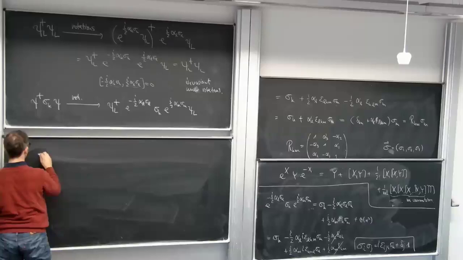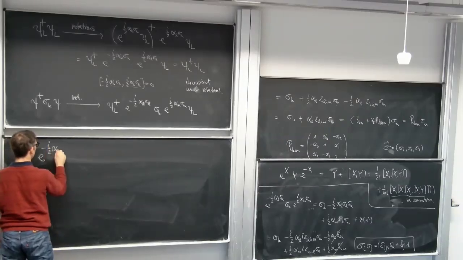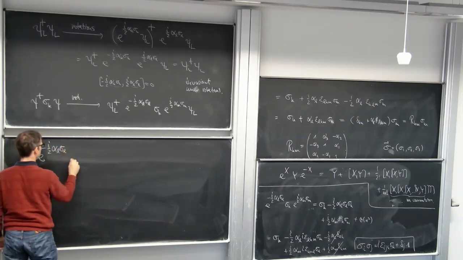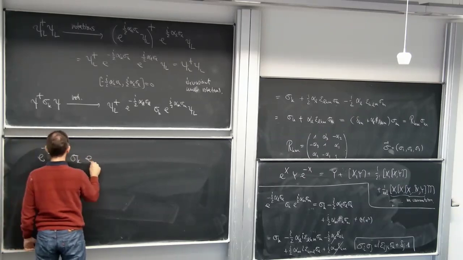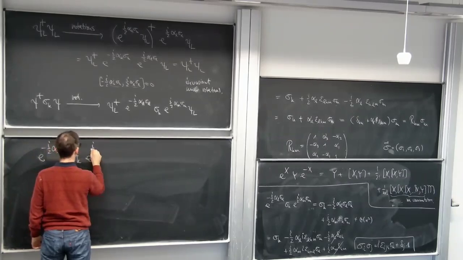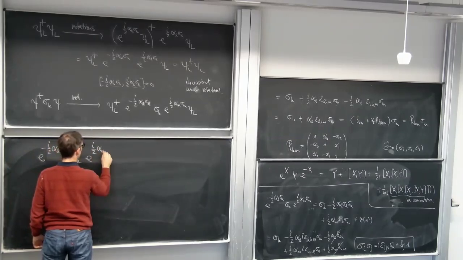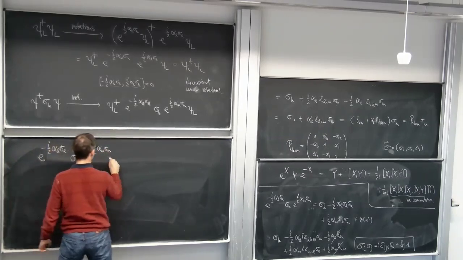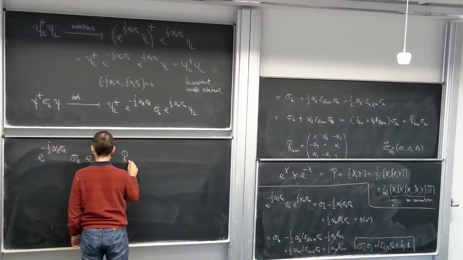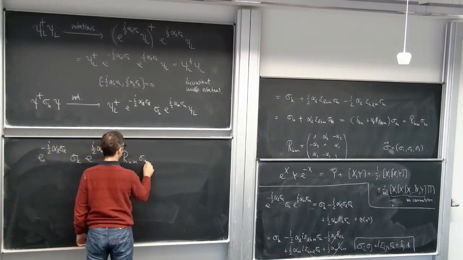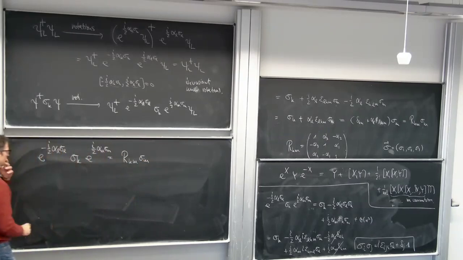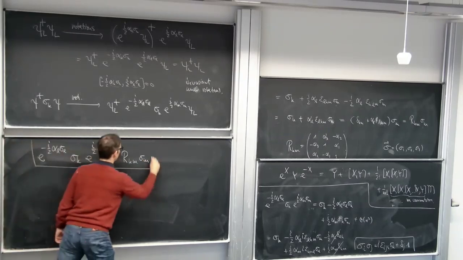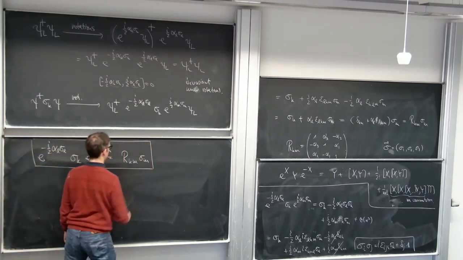So e to the minus i half alpha L sigma L, sigma k, e to the i half alpha m sigma m is equal to rotation matrix k m sigma m. It even deserves this.